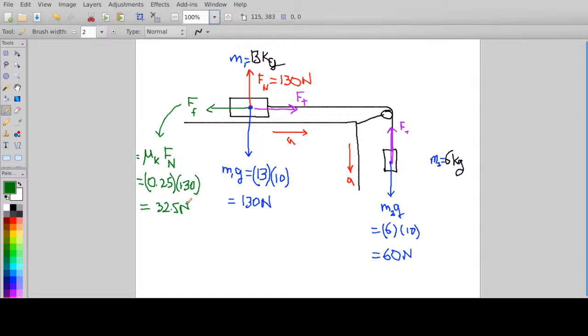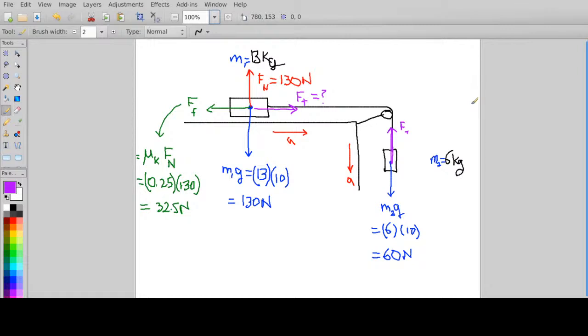All right. So if you look at what we have so far, we have the value of the weight, we have the value of the normal force, we have the value of the frictional force, and the only other force remaining is the tension, and guess what? We don't know it. And you can't guess.